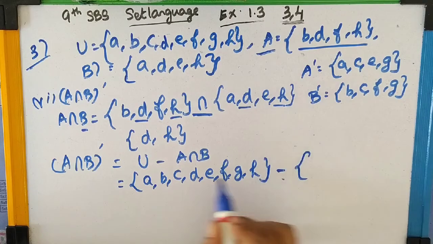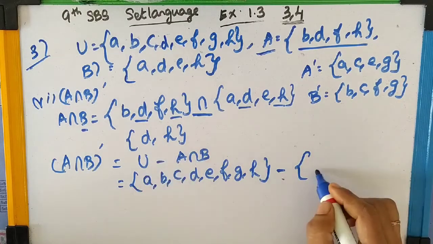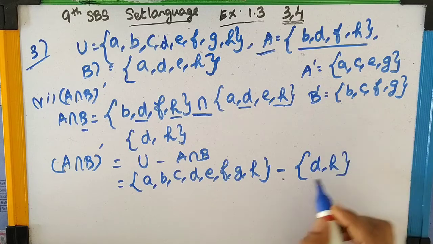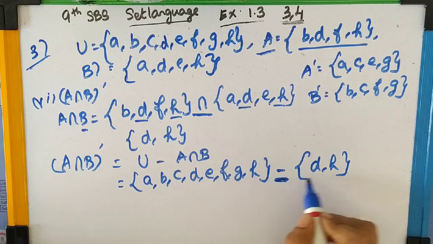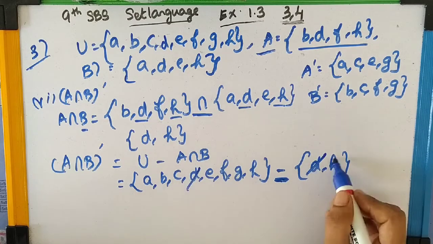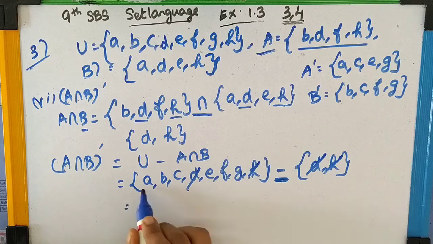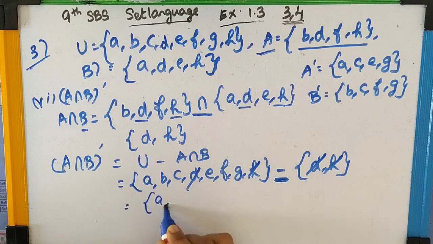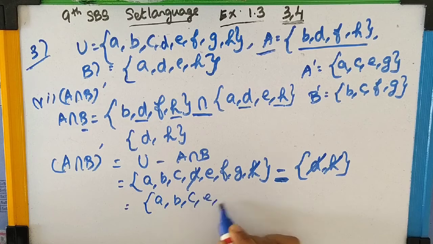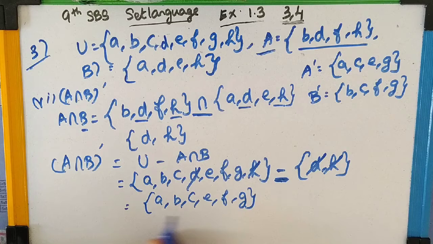A, B, C, D, E, F, G, H difference A intersection B set, that is D and H. What is the meaning for difference? Yes, we have to cancel the common elements and write the remaining elements of the first set, that is A, B, C, E, F, G. Okay. This is the A intersection B whole dash.